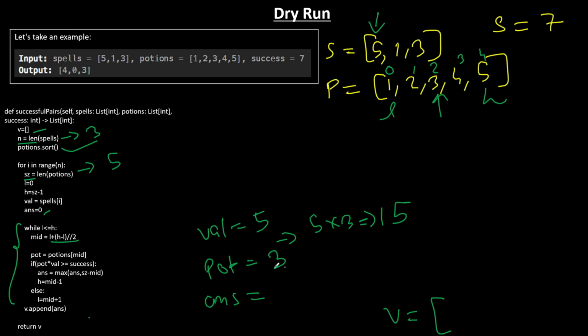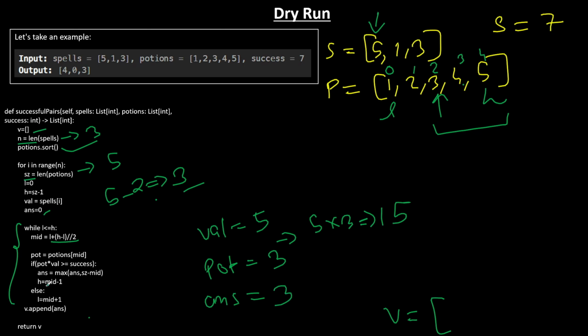So in answer we will have size was 5, mid value was 2, right? 5 minus 2 gives me 3. So you clearly see this particular range. If I multiply 5 with 3, I get 15, 5 with 4, 20, 5 into 5, 25. Correct? So we will take this 3 here and add it here.